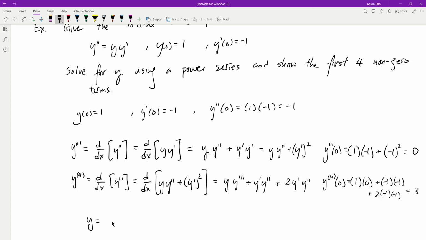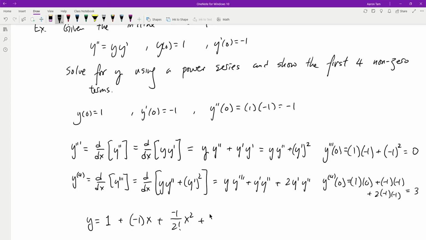So y would equal y of 0, which is 1, plus y prime of 0 times x, so that becomes -1 times x, plus y double prime of 0 divided by 2 factorial times x squared, plus normally it's a third term, but that one is 0, so now I need the 4th term.